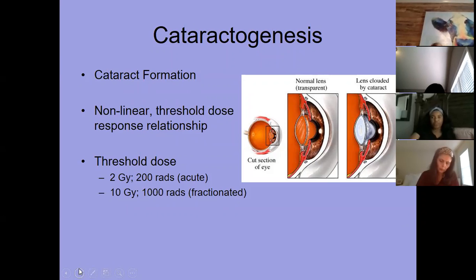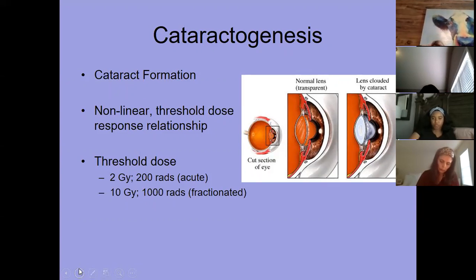The cause is radiation exposure. This effect was found predominantly in nuclear physicists who were experimenting with cyclotrons, which are particle accelerators, and also atomic bomb survivors, and some radiation therapy patients where the eyes were in the field of view.